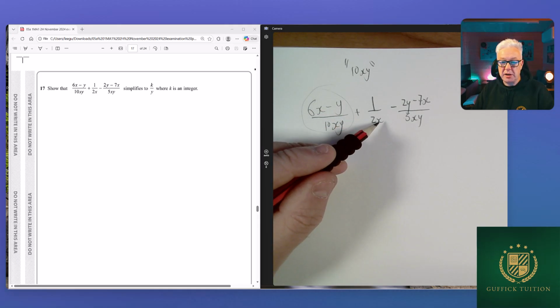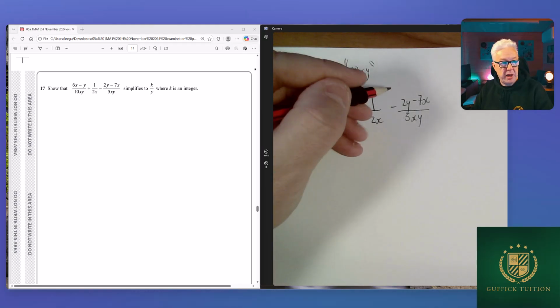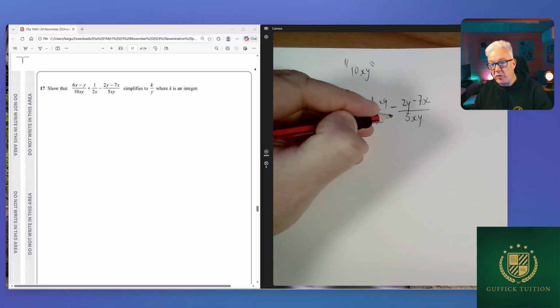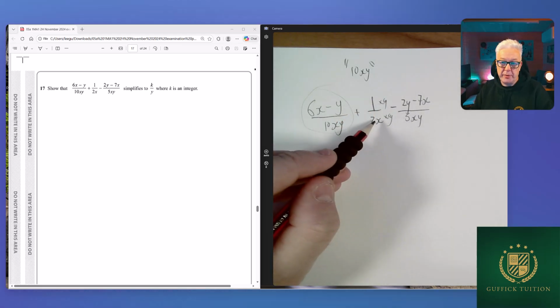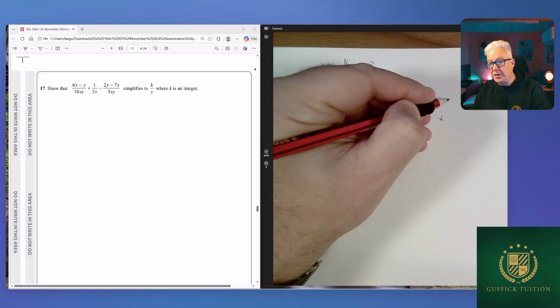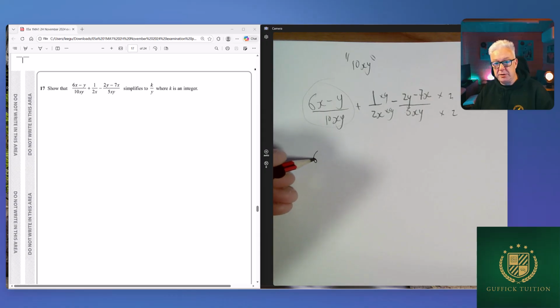This one, I need to times the numerator and the denominator by 5y. Okay, so I'm going to multiply the numerator and the denominator by 5y to get my 10xy denominator. This one, everything looks almost there. We just need to multiply the numerator and denominator by 2 to get our 10xy. So let's do that and see what we've got.